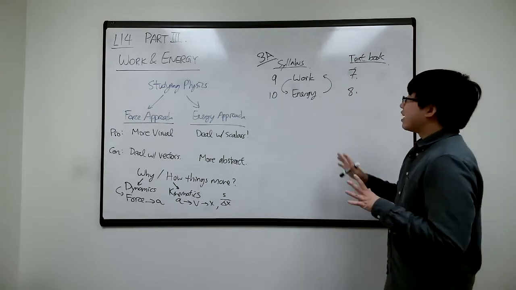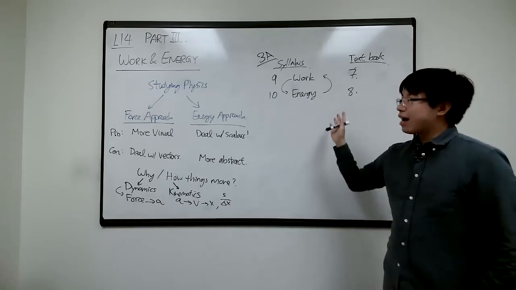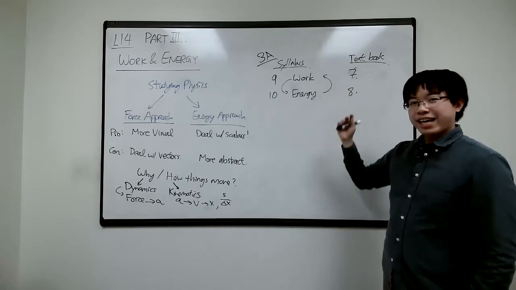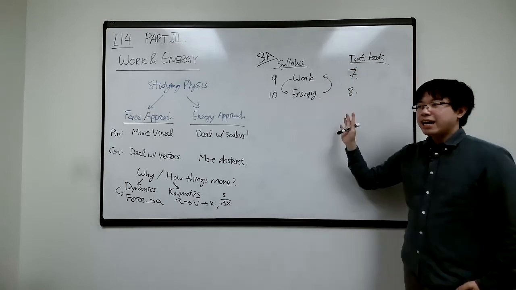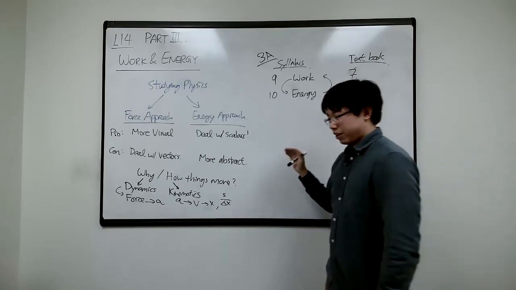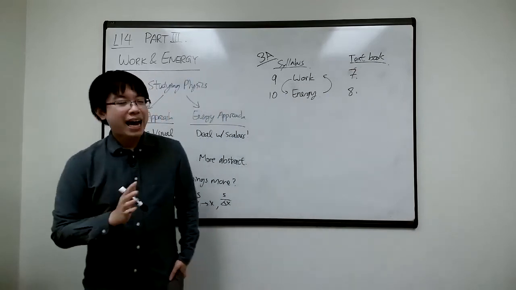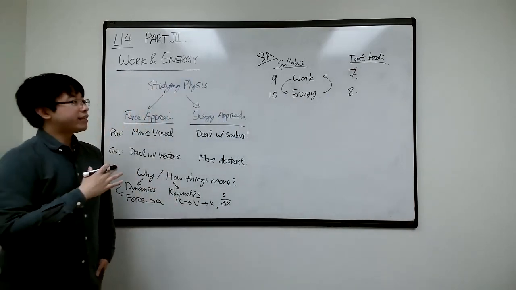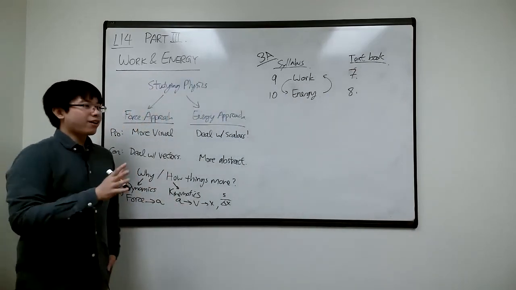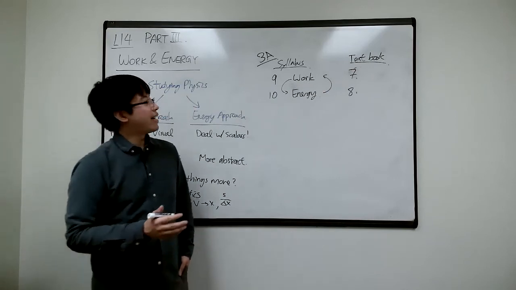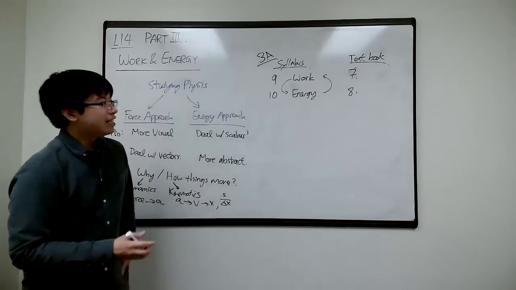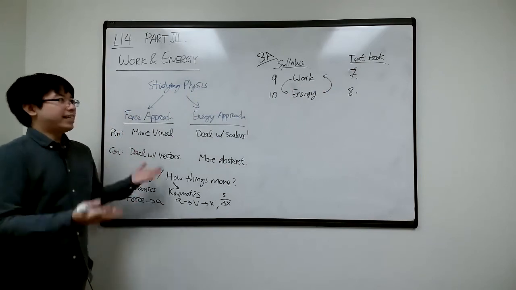So my advice is finish all the videos about work and energy before you start reading the textbook. Like I said in the first lecture, the idea of these videos and these lectures in general is to make your life easier when you read the textbook. Ultimately the learning is up to yourself to learn all the things you need to learn in the syllabus.